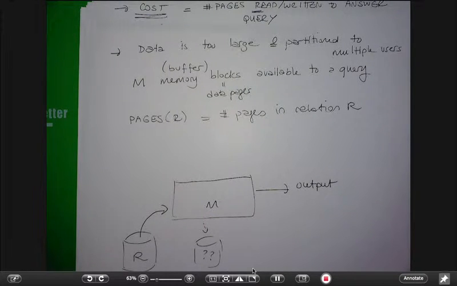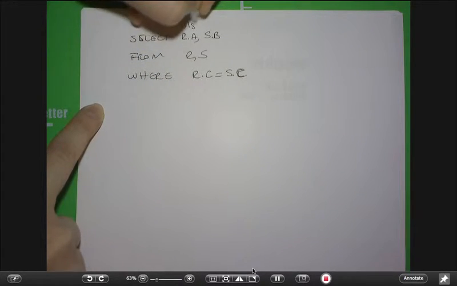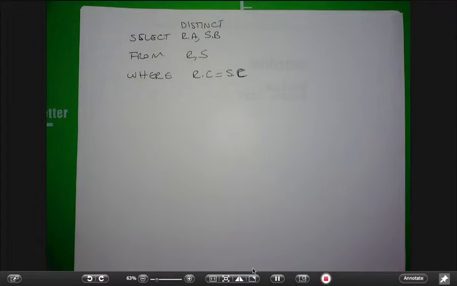But one of the things that happens is that when you actually write a query, something like select r.a, s.b from r and s, where r.c is equal to s.c, and distinct, and let's say another condition, r.d is equal to 5.